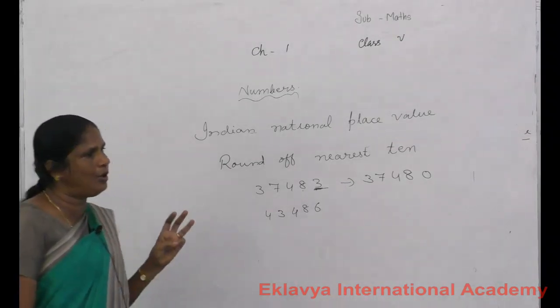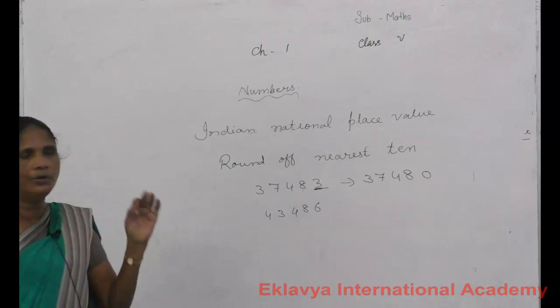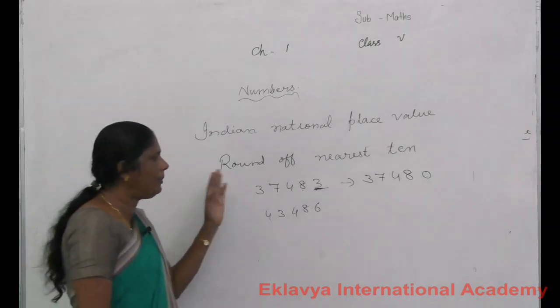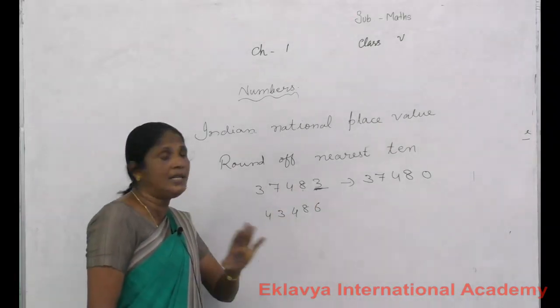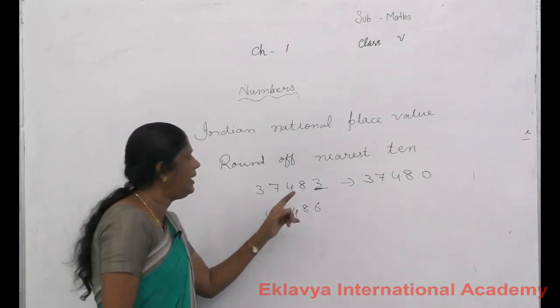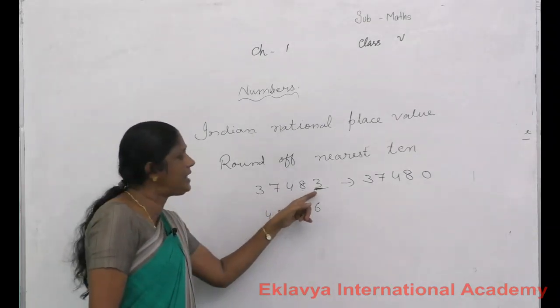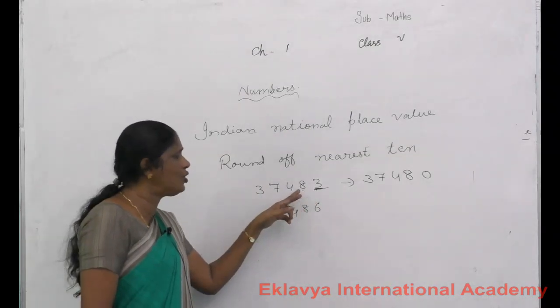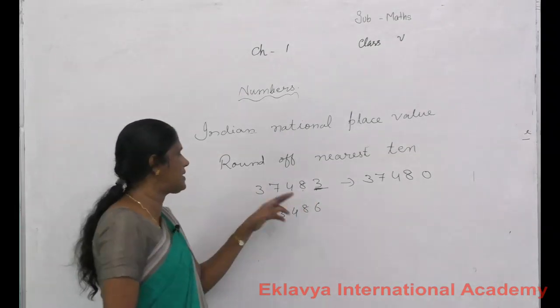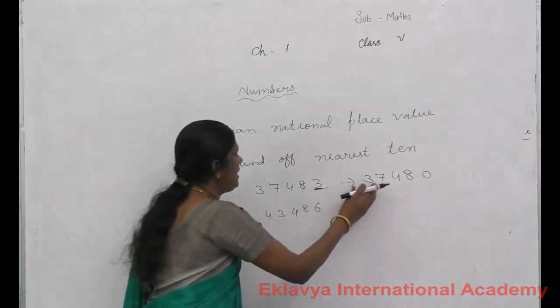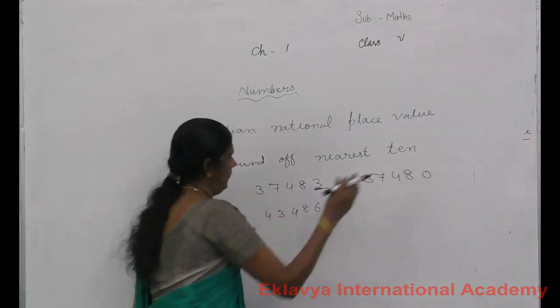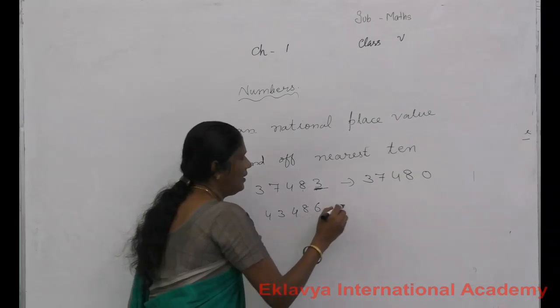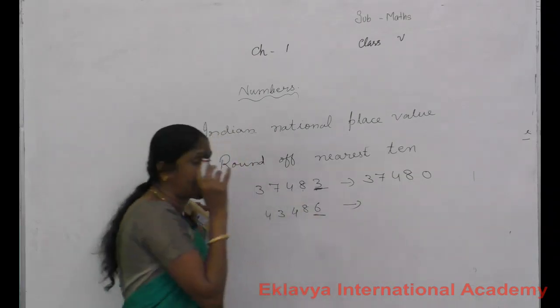Here which digit comes in the ones place? 3 comes in the ones place. There is no change in the tens place. Our answer is 37480.